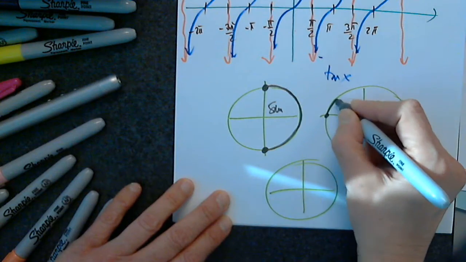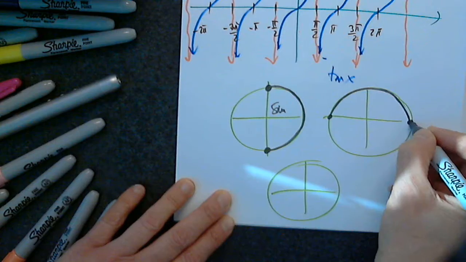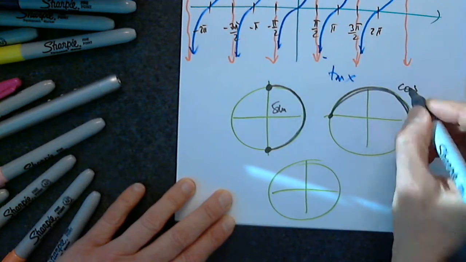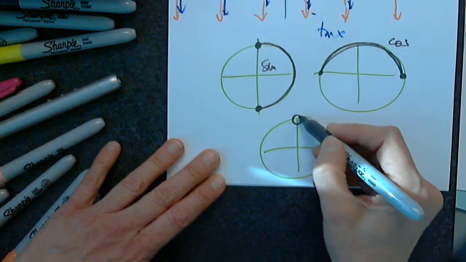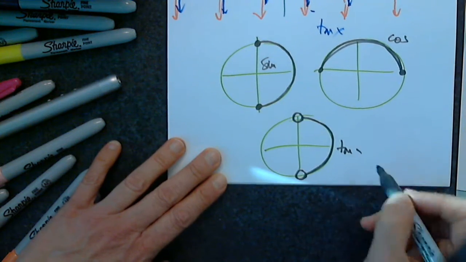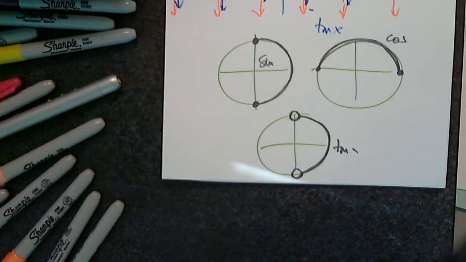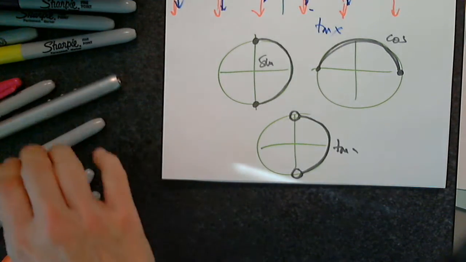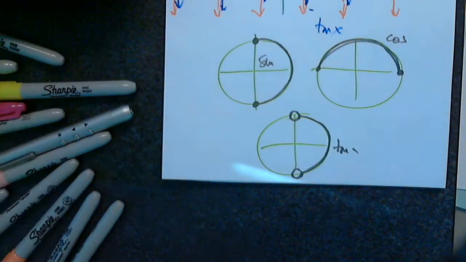Here's for cosine, right? And here's for tangent. That's all we need when it comes to the inverse functions, basically. Depending on problems and so on and so forth, but this is good enough.